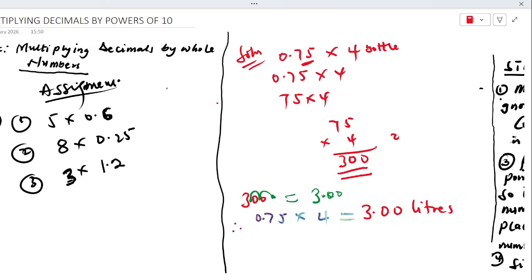All right, so the answers are: 1, we have 3.0, then we have 2.0, then we have 3.6. So you can pause the video, solve those questions, and after that come back to check if your answers are correct.